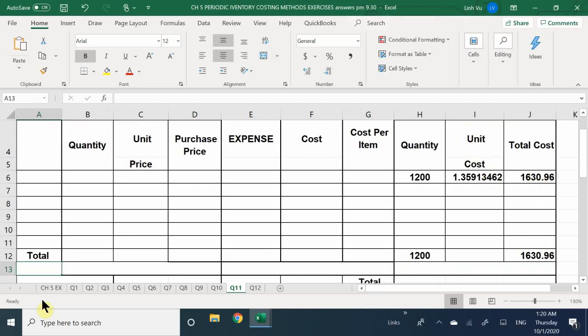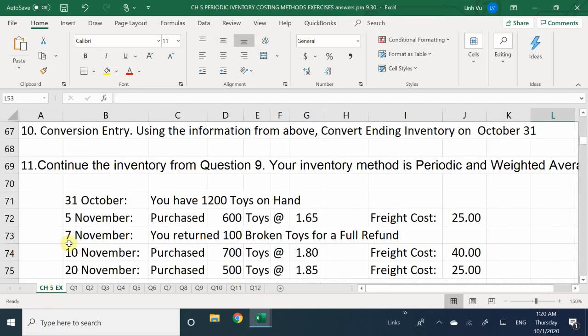So now we can get started with the scenario. Here, what happened on November 5th? On November 5th, we recognize that we purchased a total of 600 toys at $1.65, right? And freight was $25.